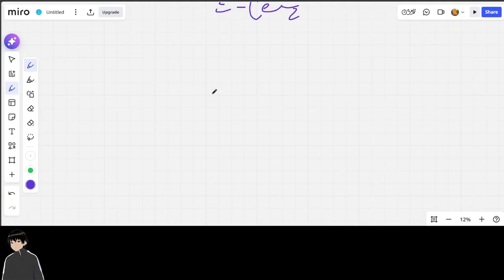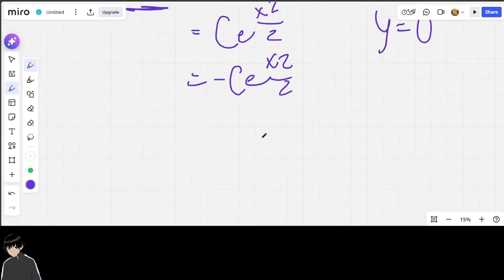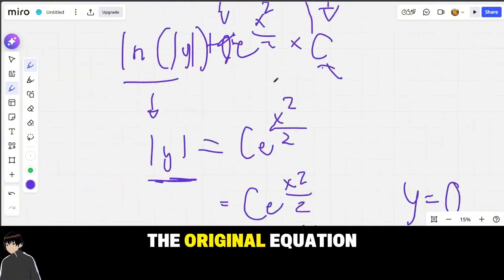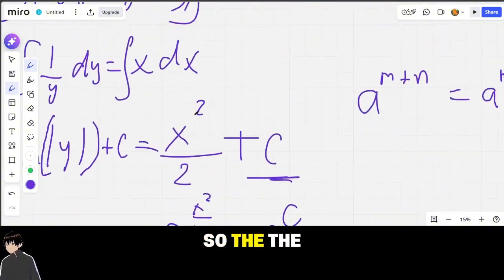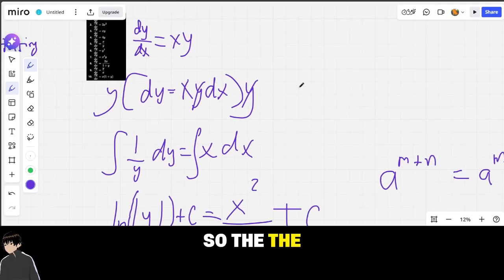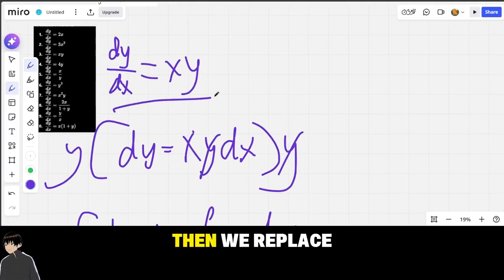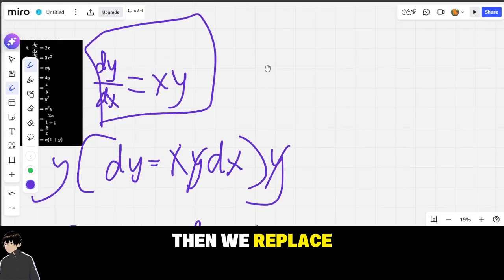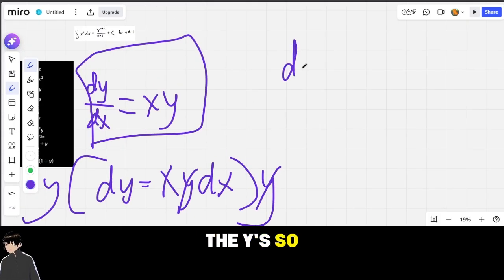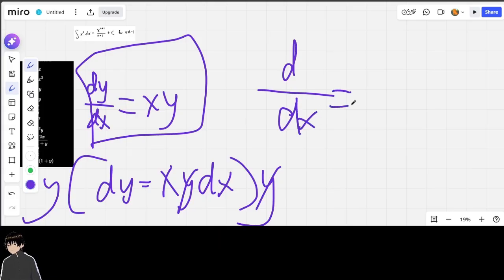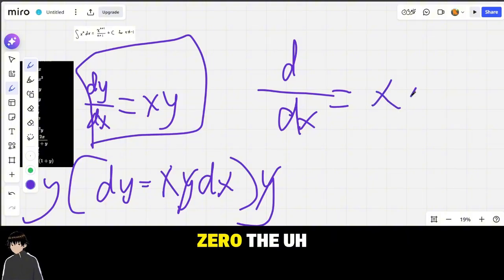Okay. So what we basically have to do is take the original equation, then replace the y's. So we have d over dx equals x times 0. Oh, I forgot the function.